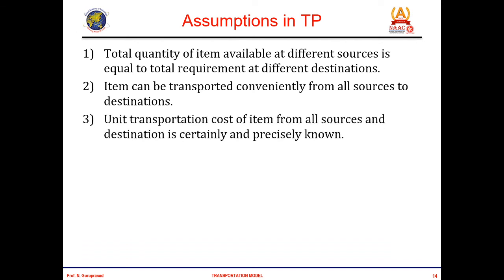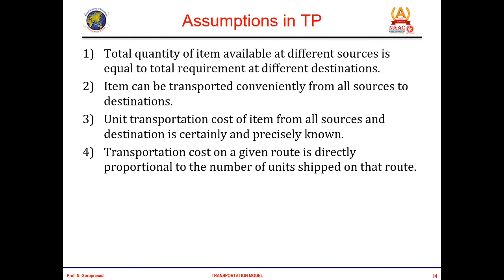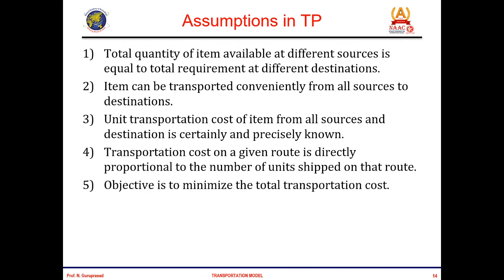Unit transportation cost of item from all sources and destinations is certainly and precisely known. The fourth assumption, transportation cost on a given route is directly proportional to the number of units shipped on that particular route. And the last assumption in transportation problem is, absolutely no doubt, the objective is to minimize the overall transportation cost.